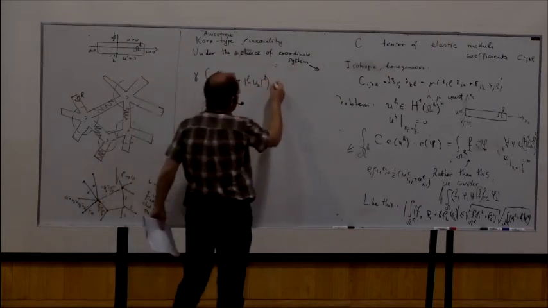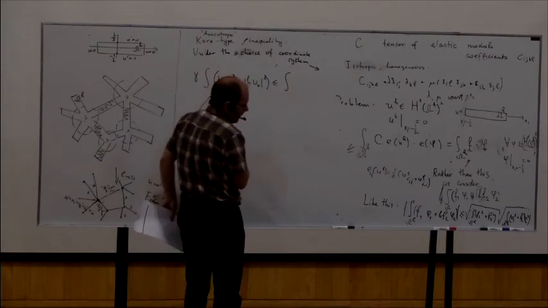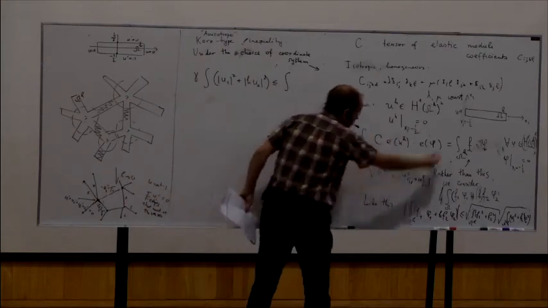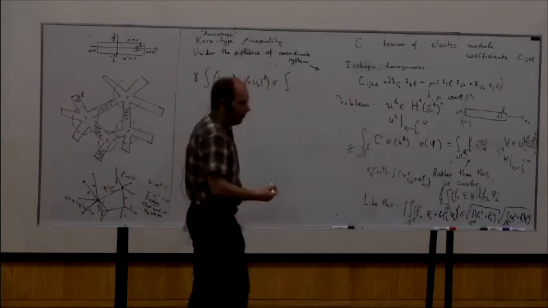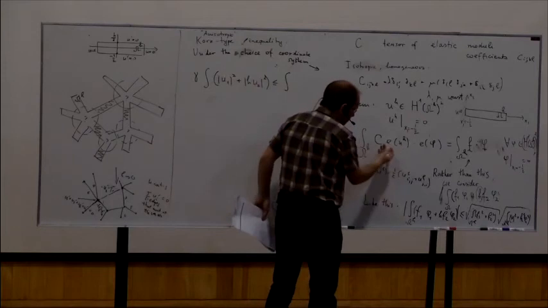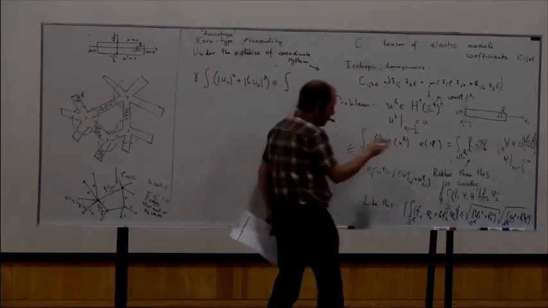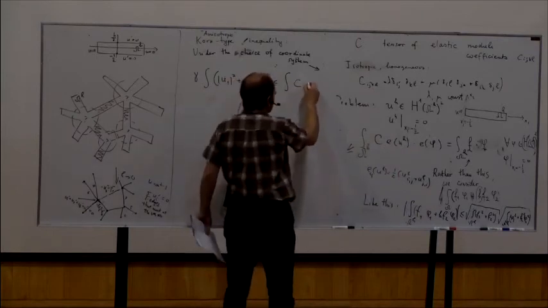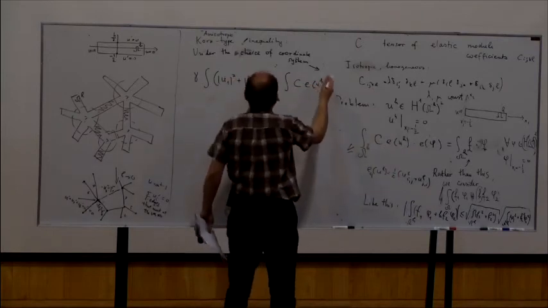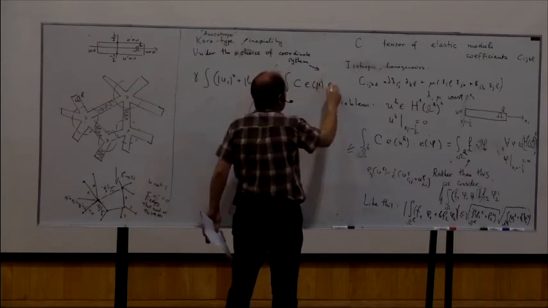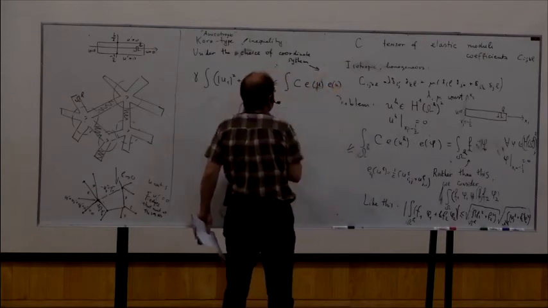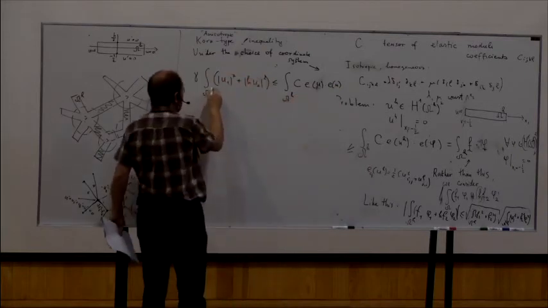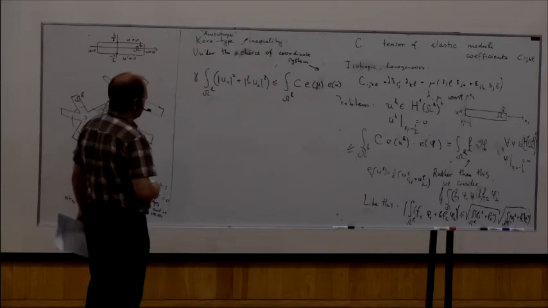So this is bounded above by the quadratic form corresponding to this bilinear form, which is when we put u_h instead of phi, right? So C e(u) dot e(u) over omega h. So this is true.